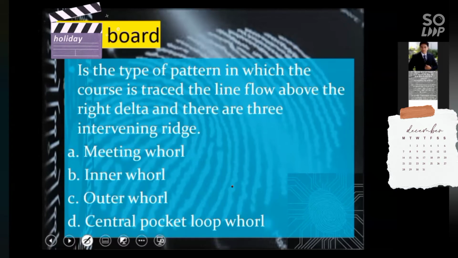Type your answer. Remember, there are 3 intervening ridge, which is above the right delta.